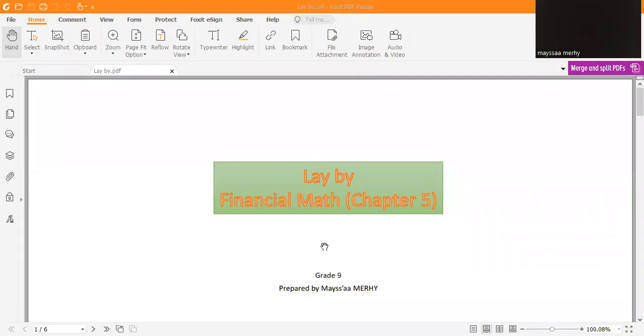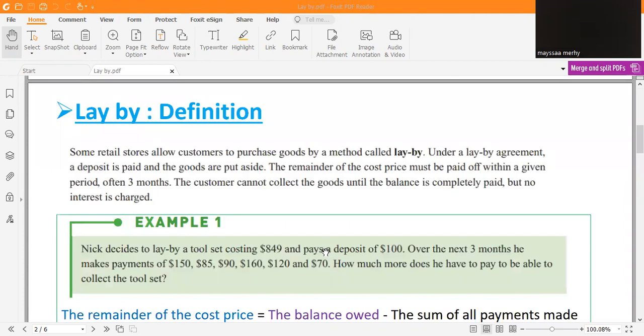Hi everyone, we're still in chapter 5, financial math, and in this session we will explain what we mean by the operation lay-by. By definition, some retail stores allow customers to purchase goods by a method called lay-by. Under this agreement, a deposit is paid and the goods are put aside.